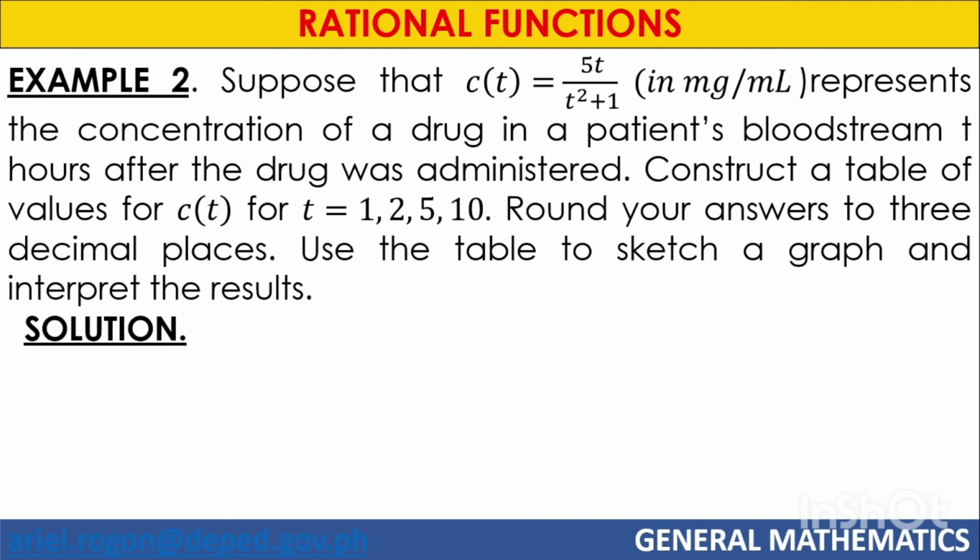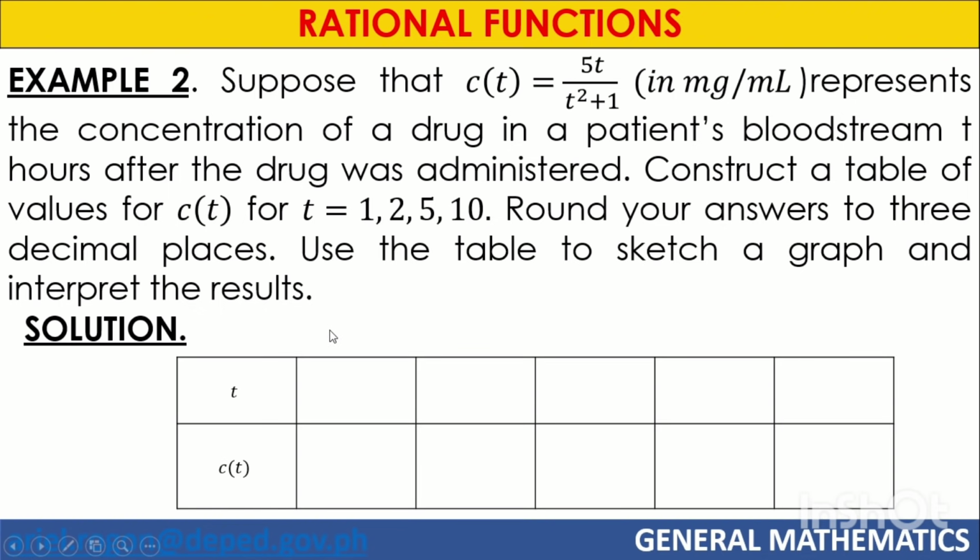So since binigay na yung rational function natin, madali na lang sa atin para gawin yung table of values. Bakit? Mag-i-evaluate na lang tayo ng function na to using the values of t. No? So substitute na lang natin itong 1, 2, 5, and 10 dito sa given function. Okay. Let's start with 0.